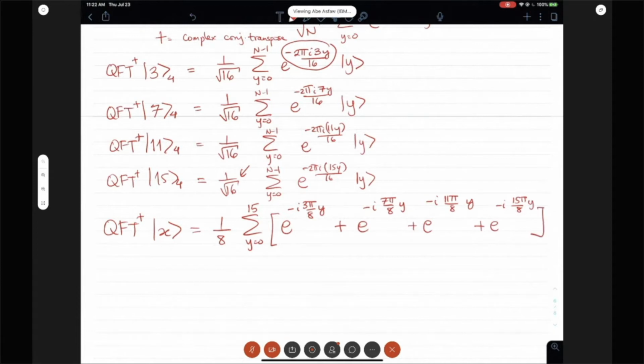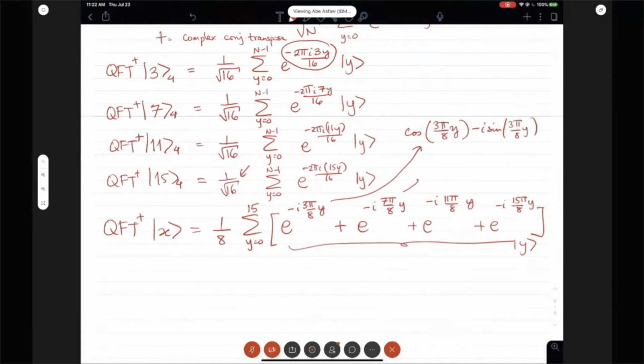So these are just numbers that we need to add up. Now, adding up these numbers, let me just remind you, e to the i 3 pi over 8 y is cosine of 3 pi over 8 y minus i sine of 3 pi over 8 y. And the same for this one and this one and this one. And you can add up all of these numbers.